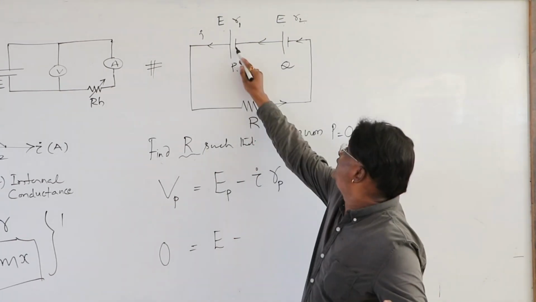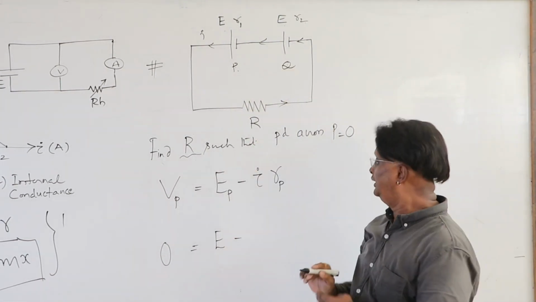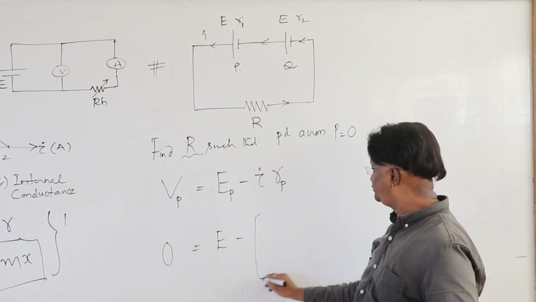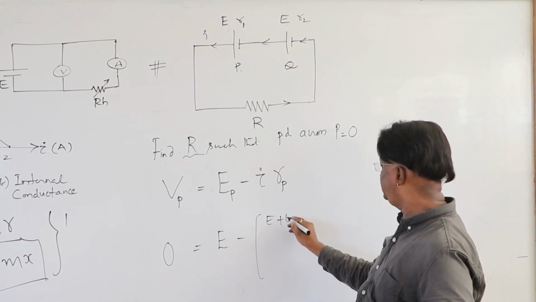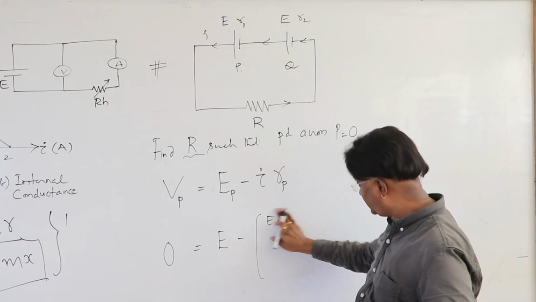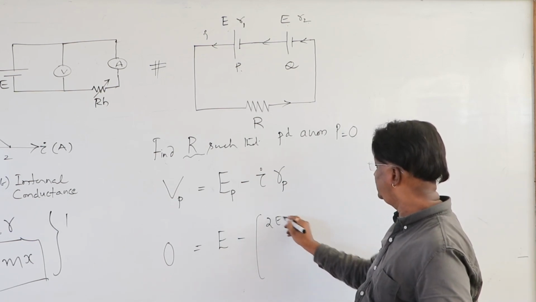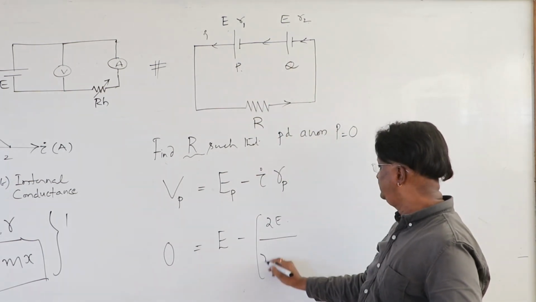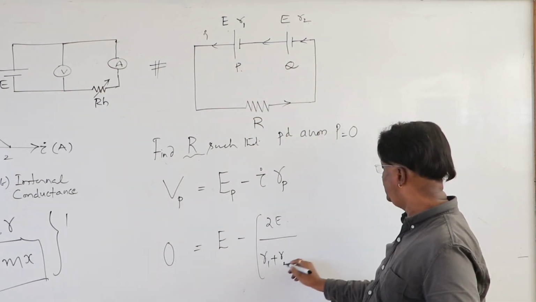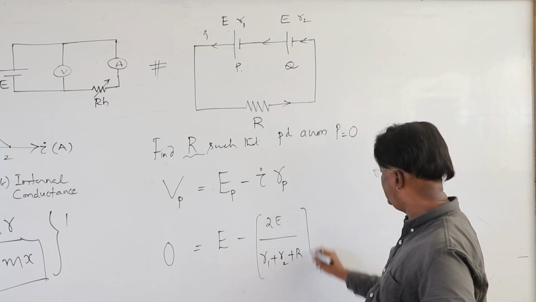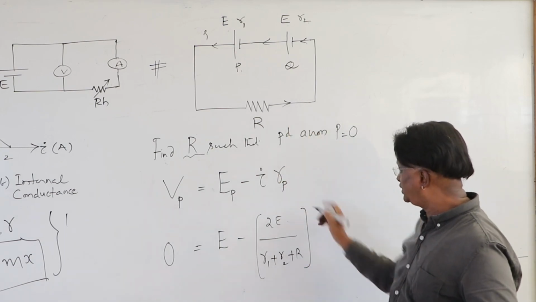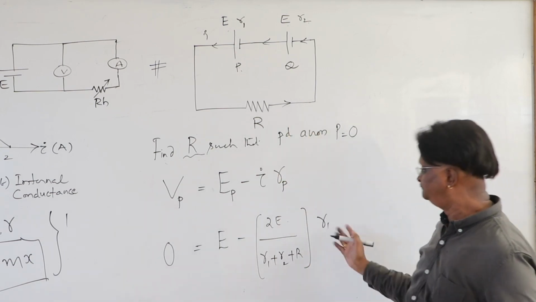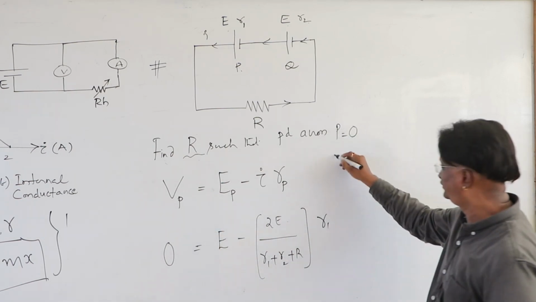Why? Because negative is connected to positive and so on. Therefore, I am writing total volts E plus E, which is 2E. And what is the total resistance? R1, R2 and R all in series, therefore R1 plus R2 plus capital R, into what is that RP? R1. This value is 0.